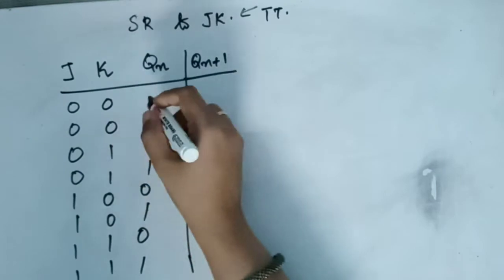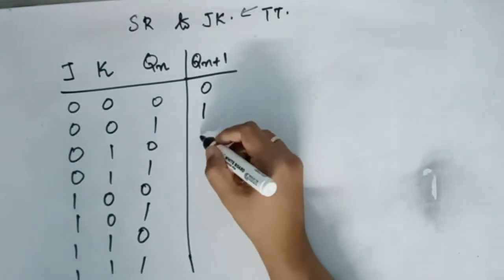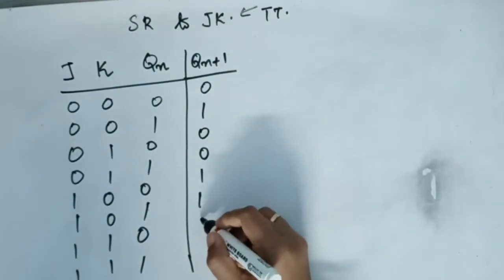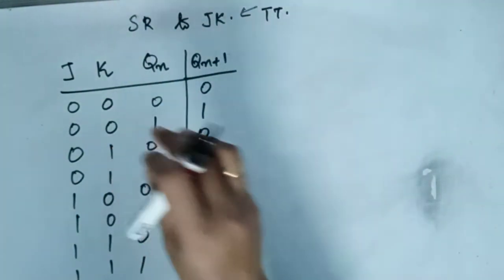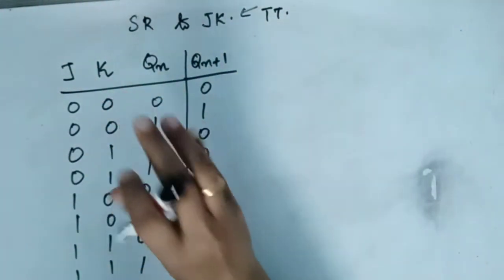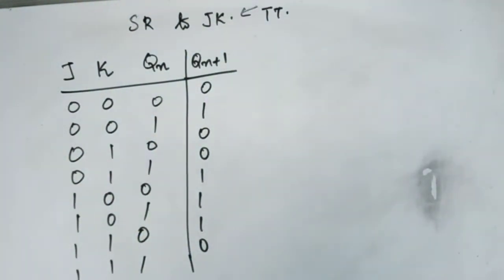So JK 0 0 means QN, 0 1 gives 0, 1 0 gives 1, and 1 1 gives QN bar. So this is the truth table of JK flip-flop, because you want the SR flip-flop to act as a JK flip-flop. So you want that flip-flop to give you the truth table of JK flip-flop. So you first wrote the truth table of JK flip-flop.